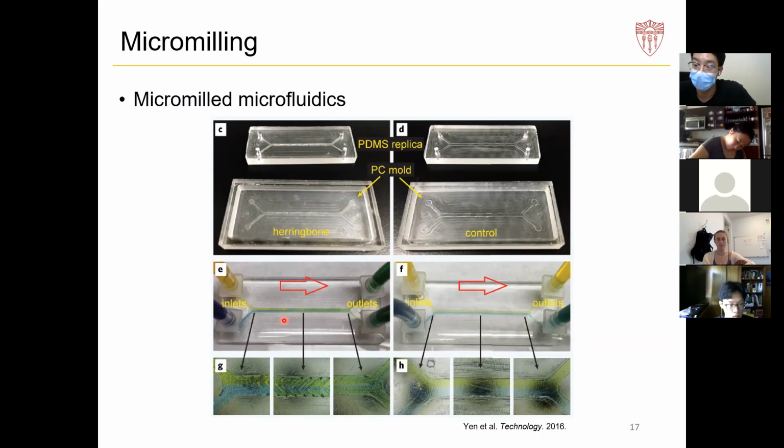Now, what a lot of labs are doing is looking into faster and cheaper ways while maintaining the integrity of our science. So a lot of us are exploring these milling and 3D printing approaches, and I wanted to introduce those to you guys.